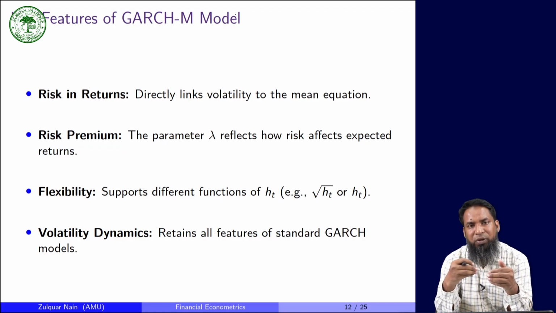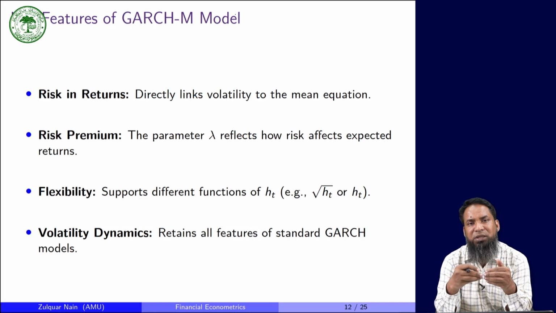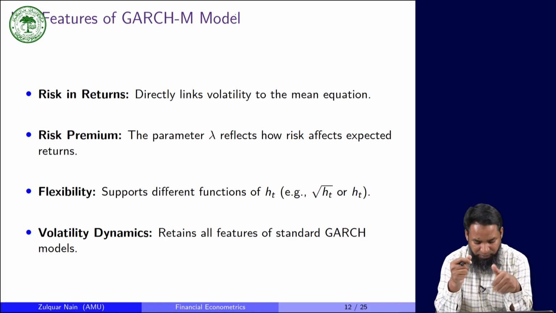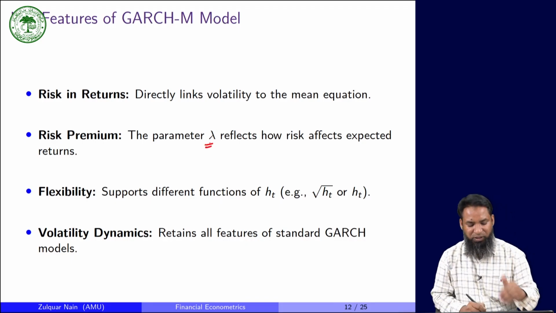Now if the value of h_t, that is the conditional variance in the mean equation, increases, then the return will also increase depending on the value of lambda. Therefore, we call it the risk premium measure, and that is reflected by the lambda here.